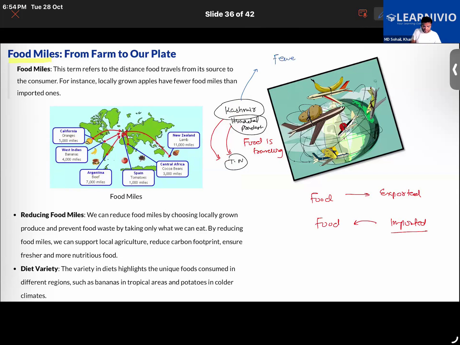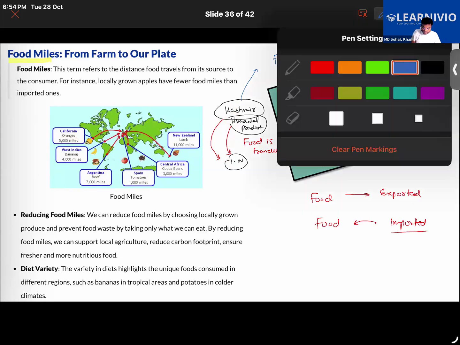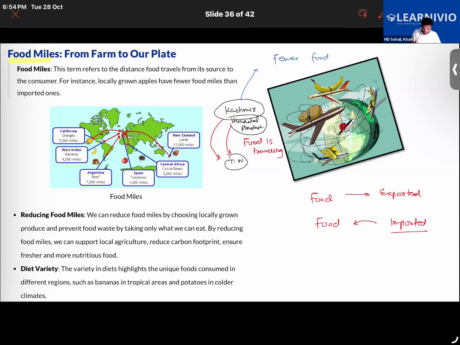They grow it in their gardens, simply take it from the garden and eat it. But here in Tamil Nadu, where apple is not locally grown, it will have longer food miles, because the food has to travel all the way from Kashmir, Himachal Pradesh or Uttarakhand to Tamil Nadu.